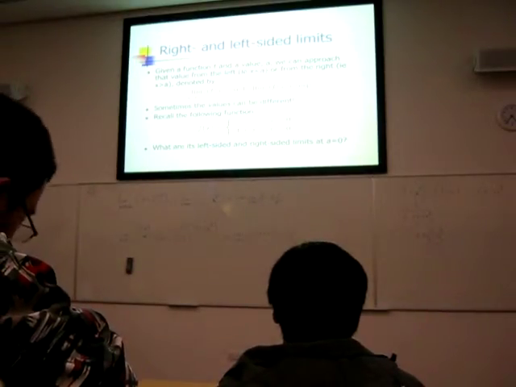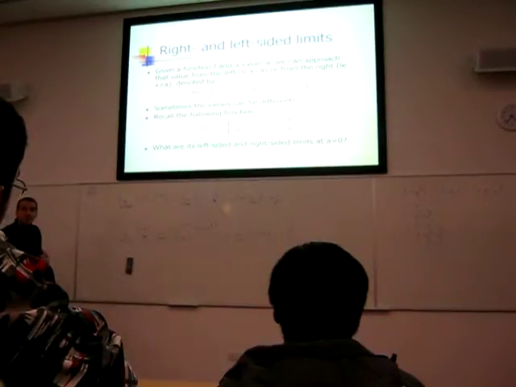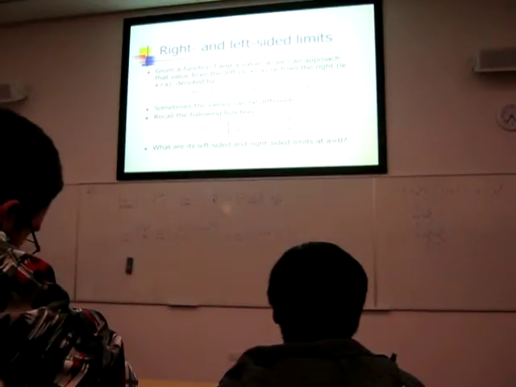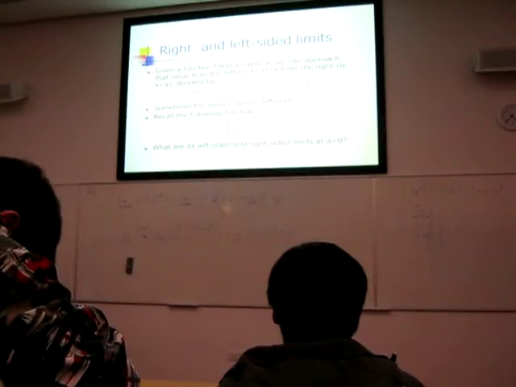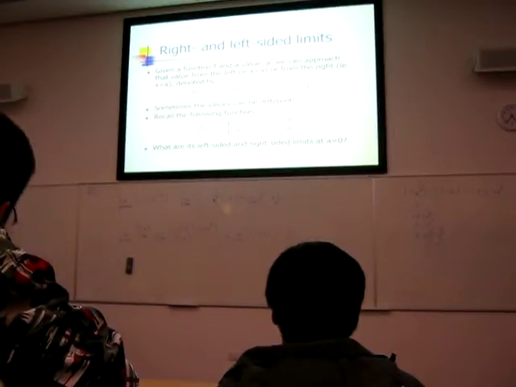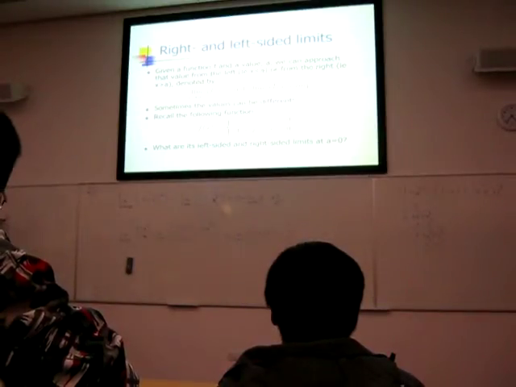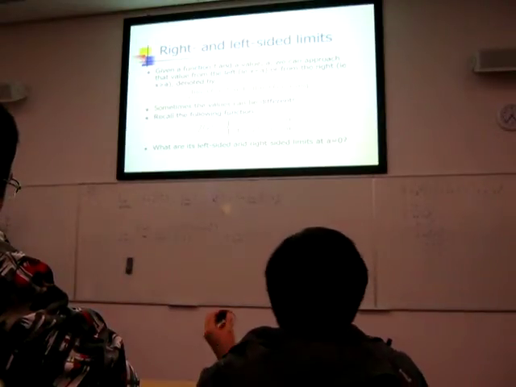So we've got the left-hand side limit and the right-hand side limit, and they might not be the same. So in this instance, the left-hand side limit approaching 0 from the left will give us 2. So this part here from the left gives us 2.